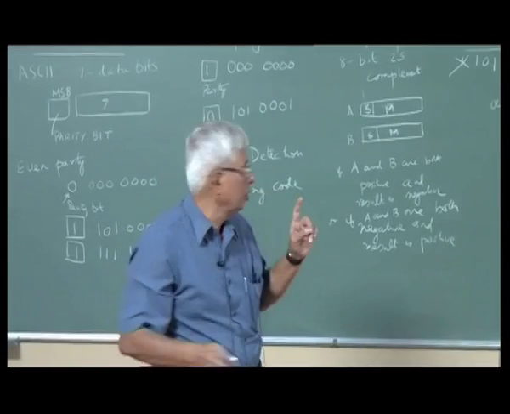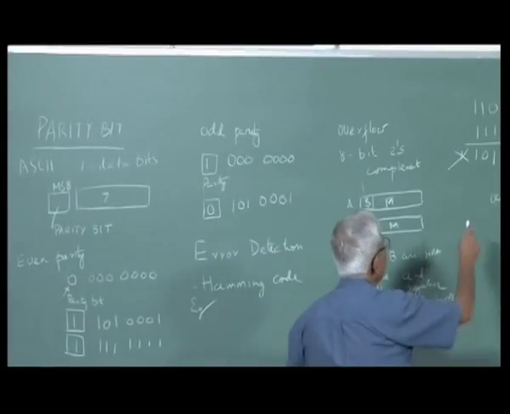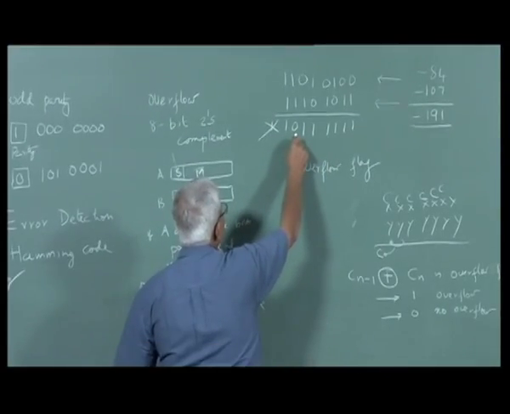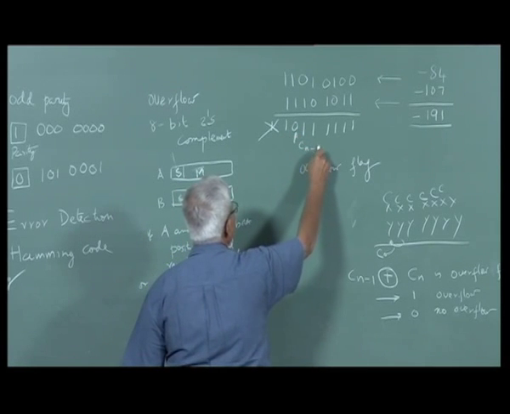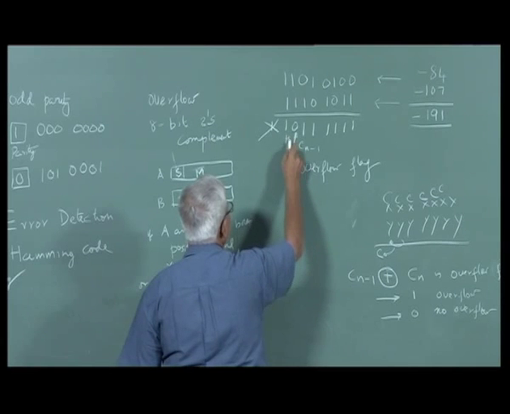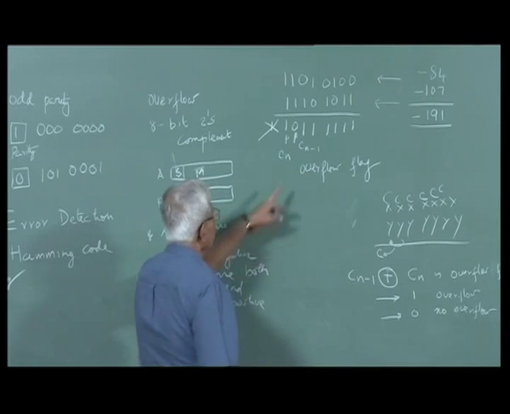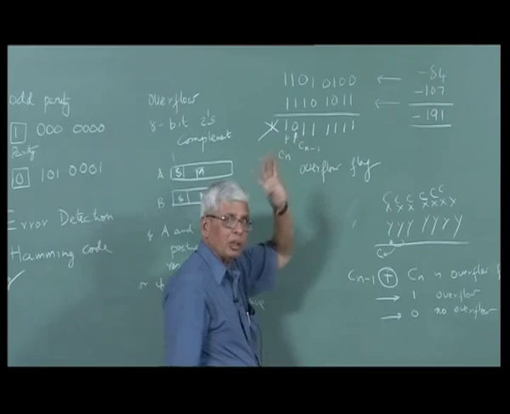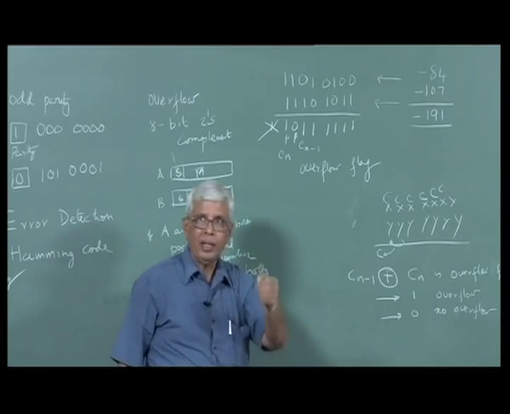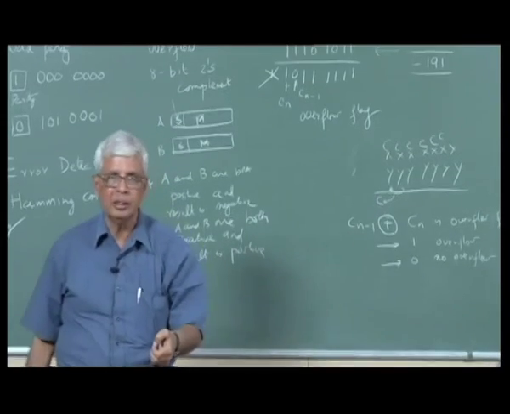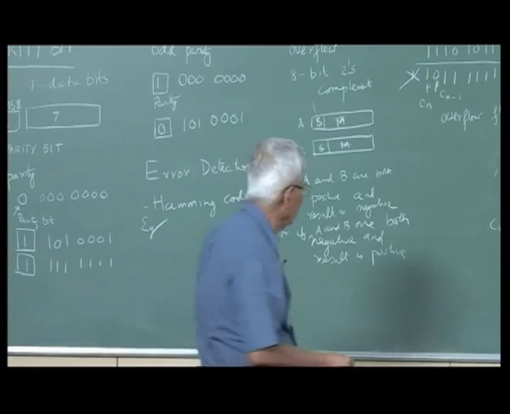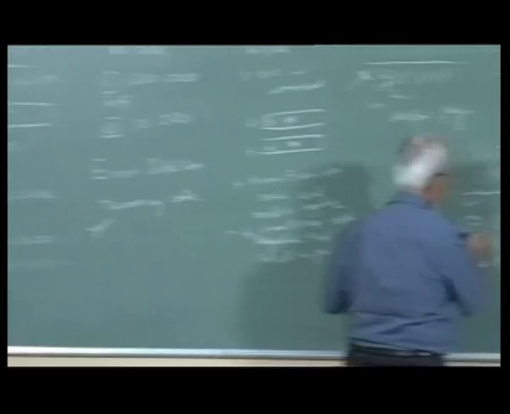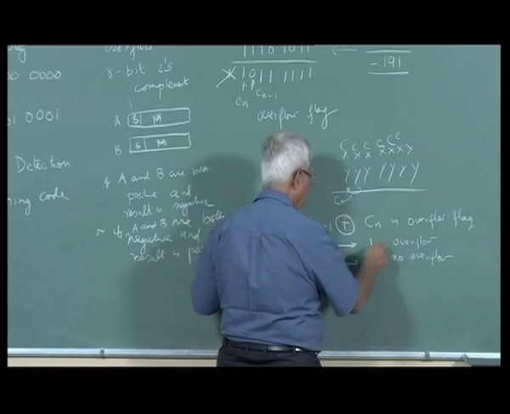But what I meant was, the carry going in is 0, carry here is 0, this is Cn minus 1, this is Cn. Cn is 1, Cn minus 1 is 0. So 1 and 0 with an exclusive OR operation gives a 1, which is the overflow bit. So Cn minus 1 exclusive OR Cn is 1.